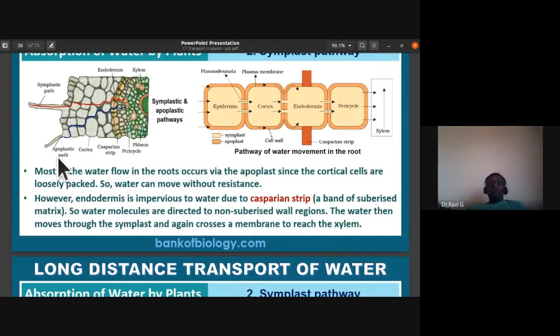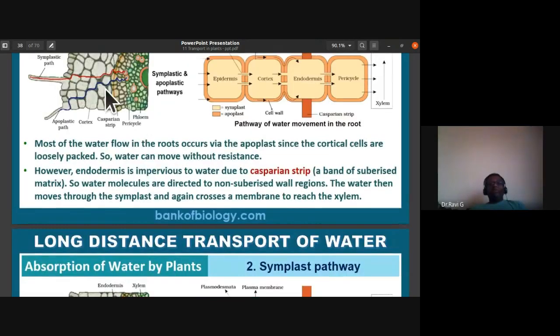Most of the water flow in the roots, the radial transport, occurs via the apoplast pathway, since the cortical cells are loosely packed and there are no barriers. So water can move without resistance. However, the endodermis is impervious to water.